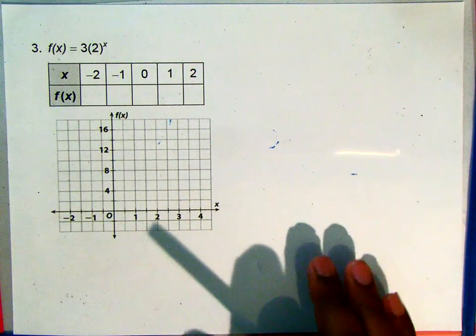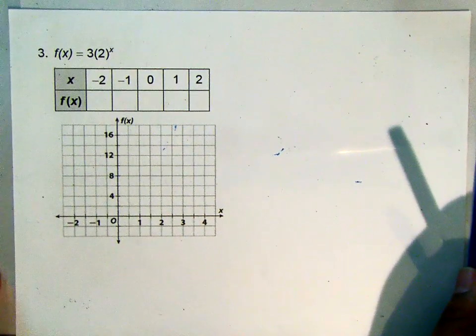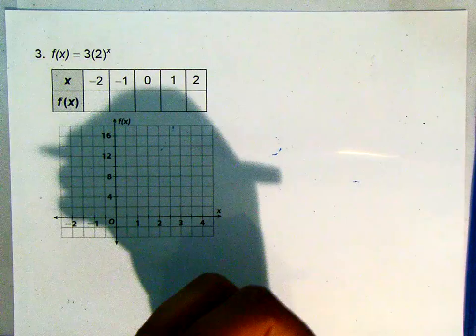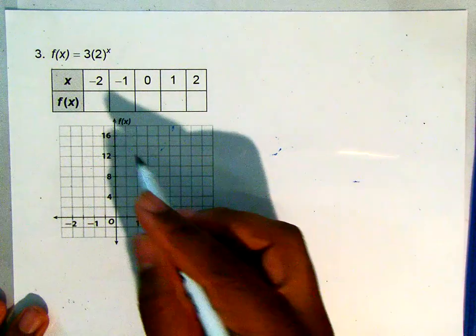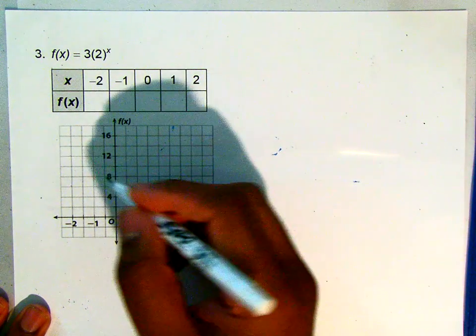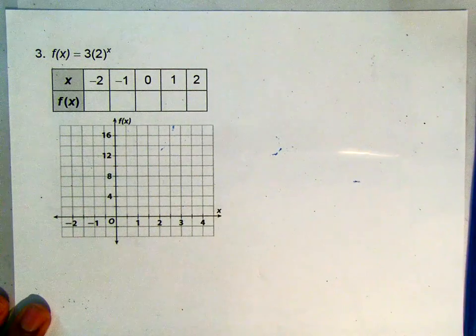Here in this problem we have the function already given, and it's 3 times 2 raised to the x. They already give us the points that we can use to plot and figure out what our y, or f of x, is going to be.